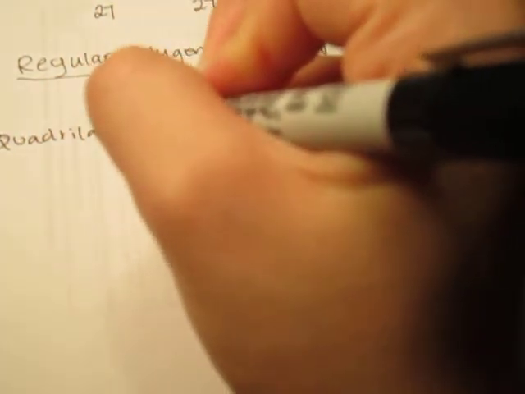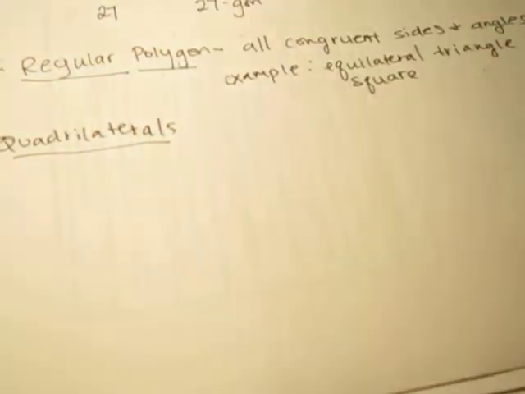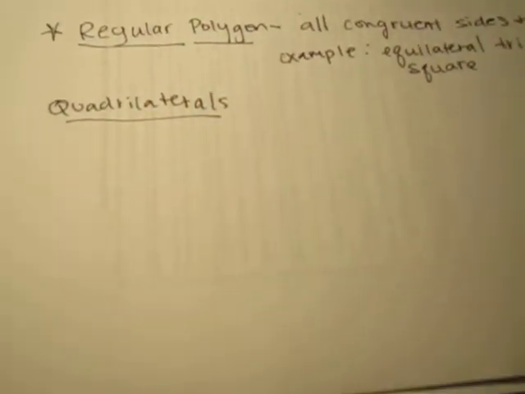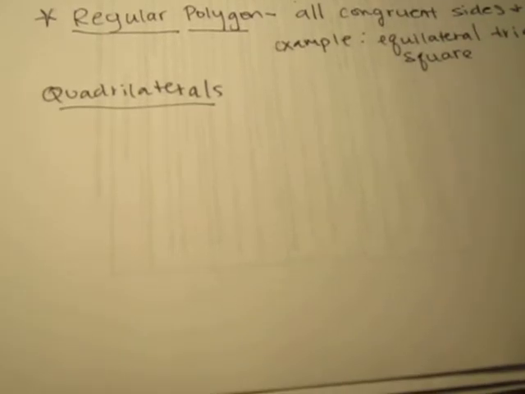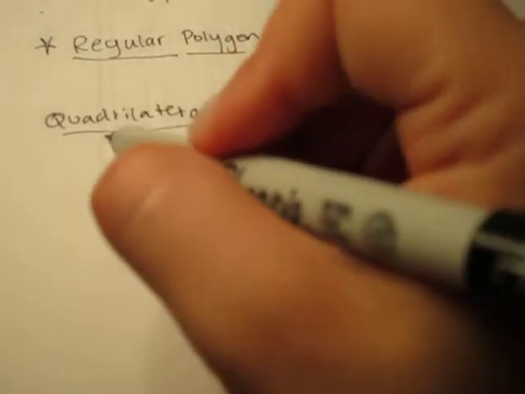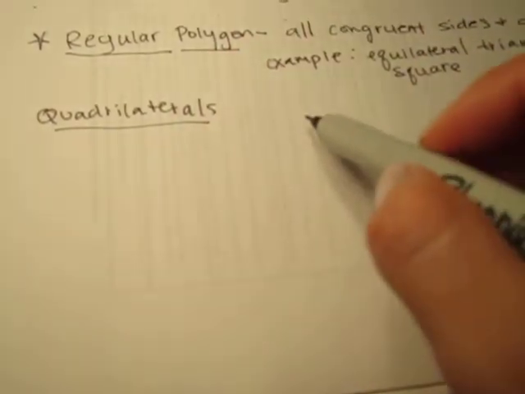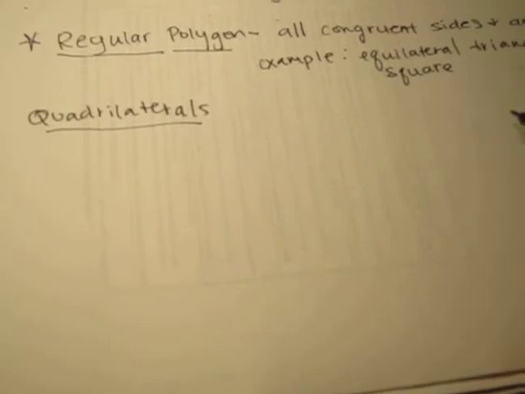We're talking about quadrilaterals. Let's go in and review some of the different quadrilaterals that we know about. So go ahead and label your paper as quadrilaterals. We will go ahead and name them, and then we're going to draw one, and then we'll name some of the characteristics.